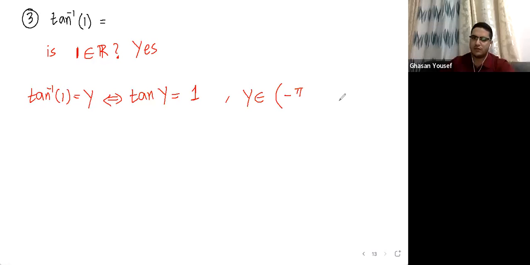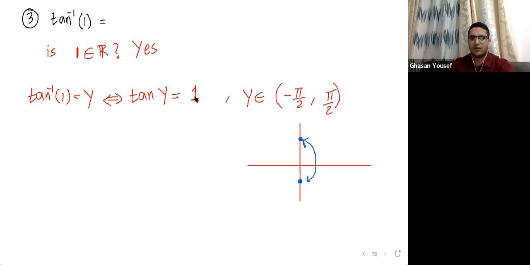If you graph the Cartesian plane like this, my angle must be from this point, which is minus pi over 2, to this pi over 2. My angle must be in quadrant 1 and quadrant number 4.